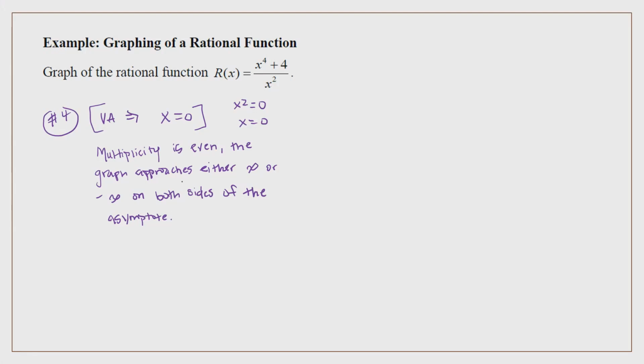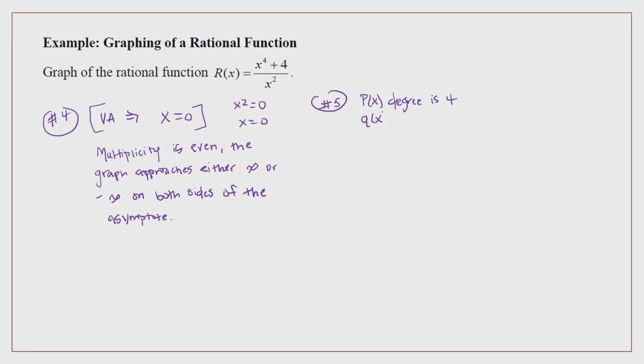All right. So we found a vertical asymptote. So now let's determine if we have a horizontal or oblique. So this is step number 5. Okay. So P of x, the degree is 4.